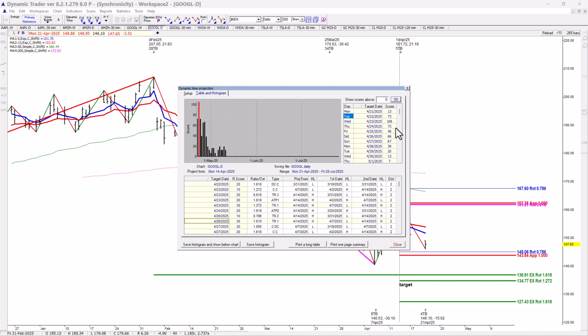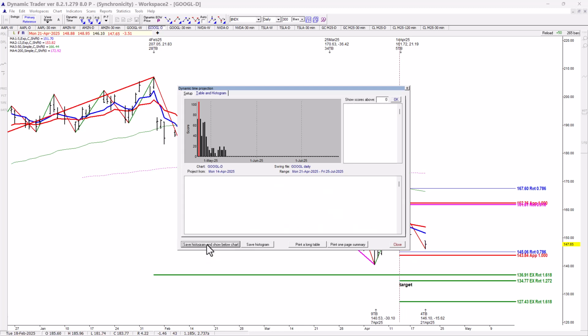And you can see that over here, the highest scoring dates are really the 22nd through the 24th. You've got 73 points here, 106 points here, 73 points. So these are the highest scoring dates for a possible low. So not only do we have some support that could get the market to bounce, we also have some timing factors.